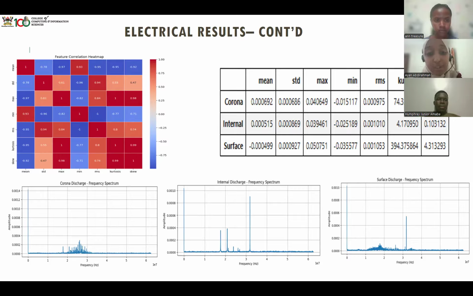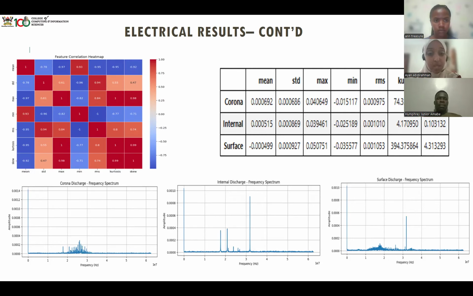Then the maximum value and the kurtosis are also strongly correlated since both depend on extreme sparks. So this tells us that some features are redundant and we select a small set of meaningful features for training our model.